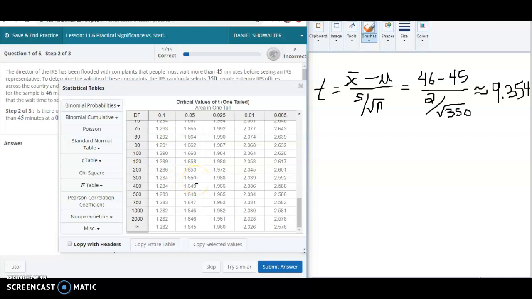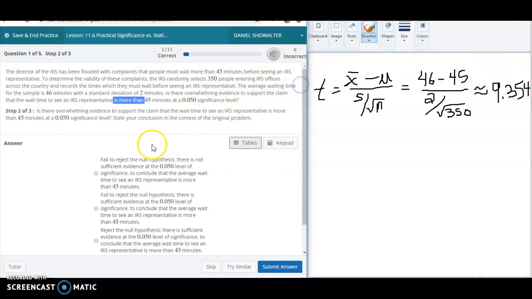In other words, we need our t statistic to be further out in the tail, to be higher than this number, because it's a positive. If this was a negative, we'd have to be even more negative than this number. And we're way, way above that, so I'm going to close that.